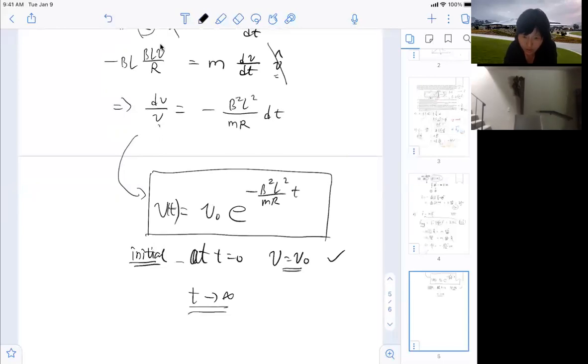What do you predict about the motion of the bar? Should it continue moving, or would it have already slowed down at t equals infinity? v should be approaching what value? 0, right?